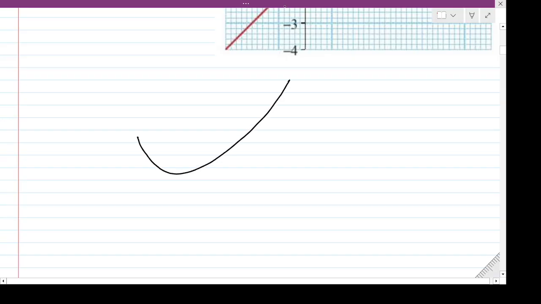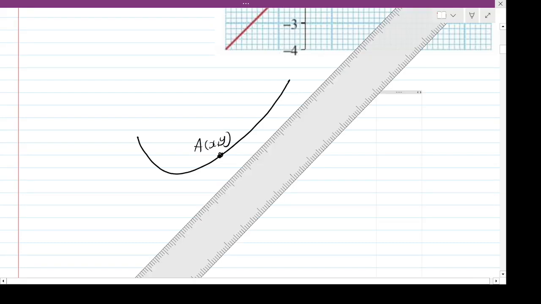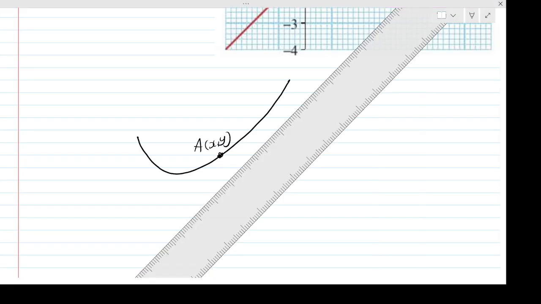Let's say we want to find the gradient here, and let's call that point A. A is x, y. And this curve is a general curve, so I'm just going to call it y is equal to f of x. Some function of x, some curve I'm plotting, any general curve.